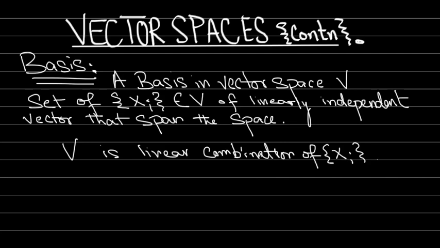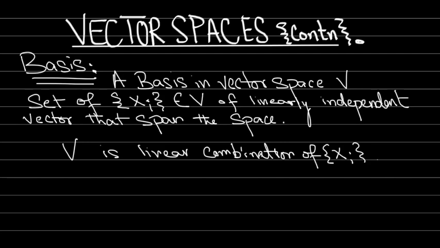Let's move forward, and let me just say this: the linear independence relies only on vector addition and not on the product, not on the multiplication, but only on the vector addition. So let's go ahead and check that.